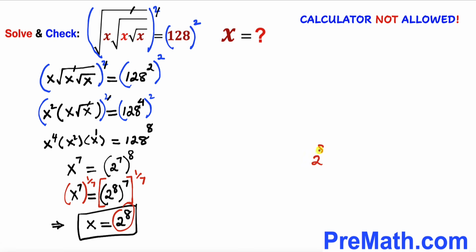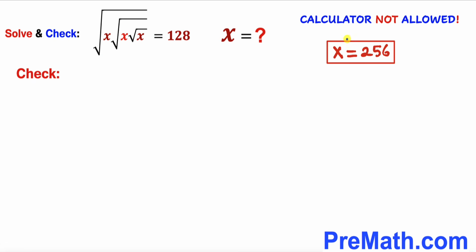If we multiply 2 eight times, we are going to get 256. So our solution x value turns out to be simply 256.